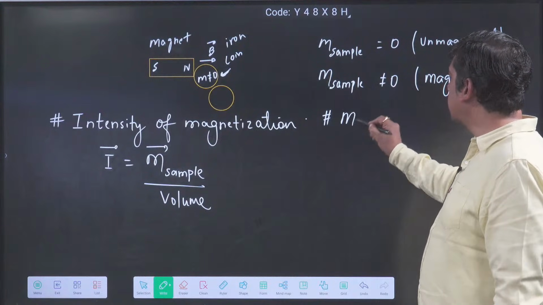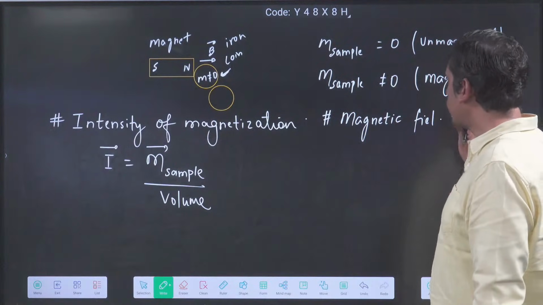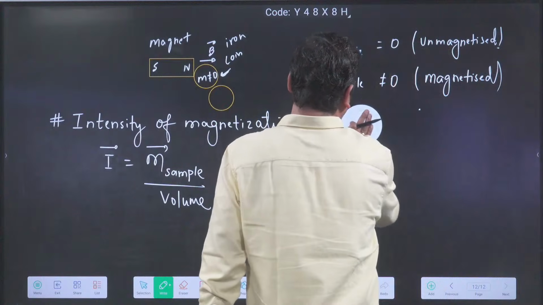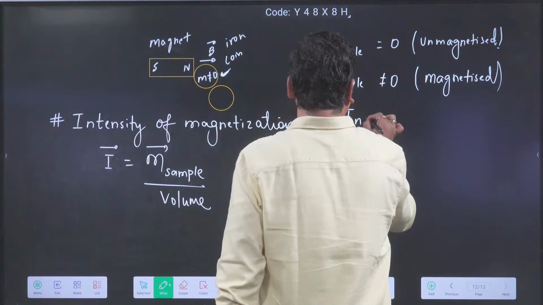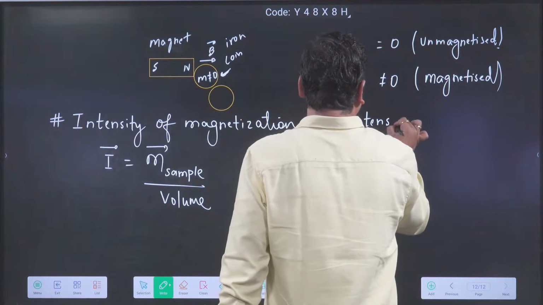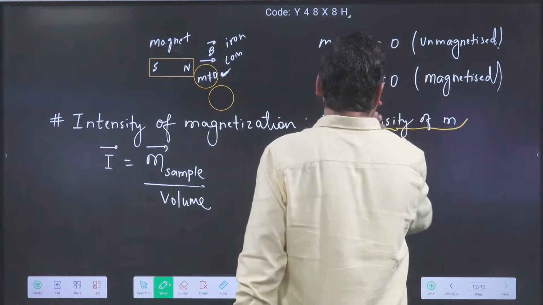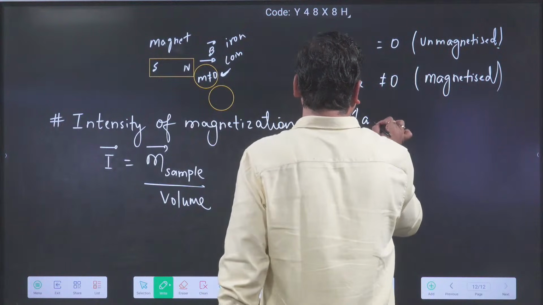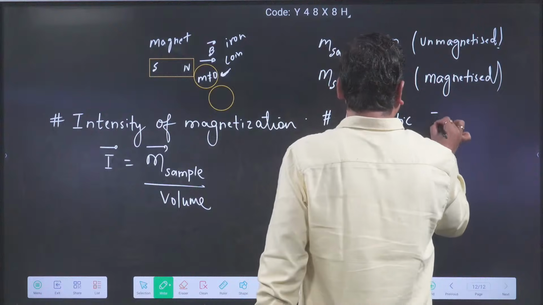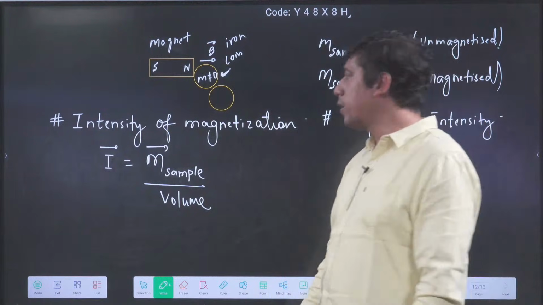Then the second term is the intensity of the magnetizing field, or simply, as some books say, magnetic intensity or magnetizing field intensity, whatever.